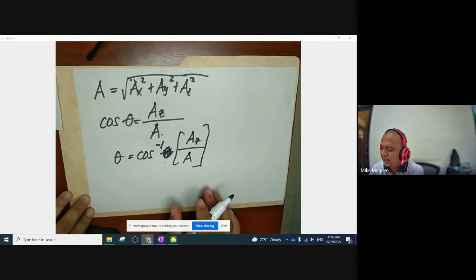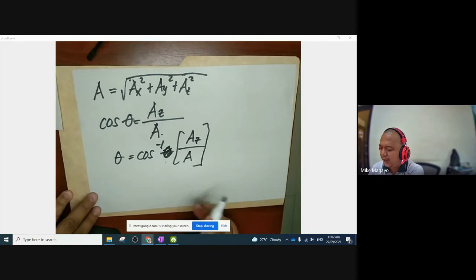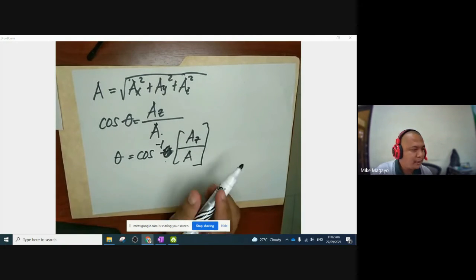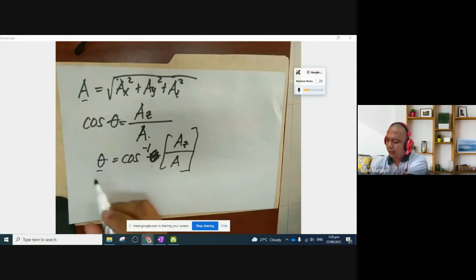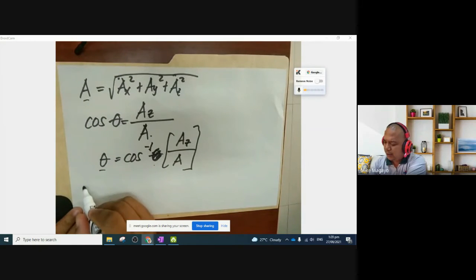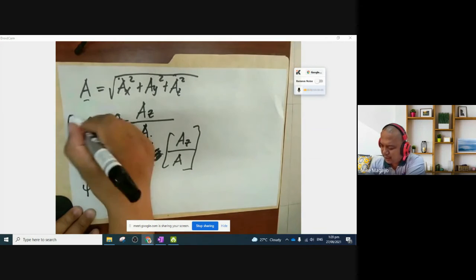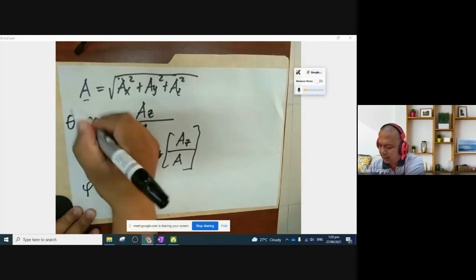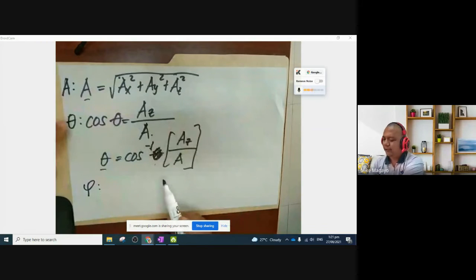And to determine the angle phi, we will have to continue. So if we want to determine angle phi, this is for theta, this is for A, for magnitude, theta, phi.